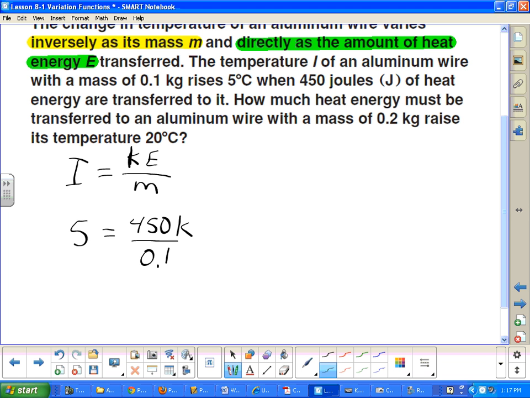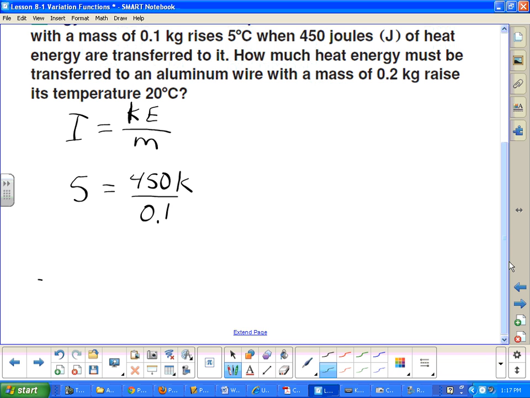So you have two choices here. You can divide this by 0.1 first and then divide, or you can multiply by 0.1 and then divide by 450, either way. Let's see. 450 divided by 0.1 is 4,500, right?